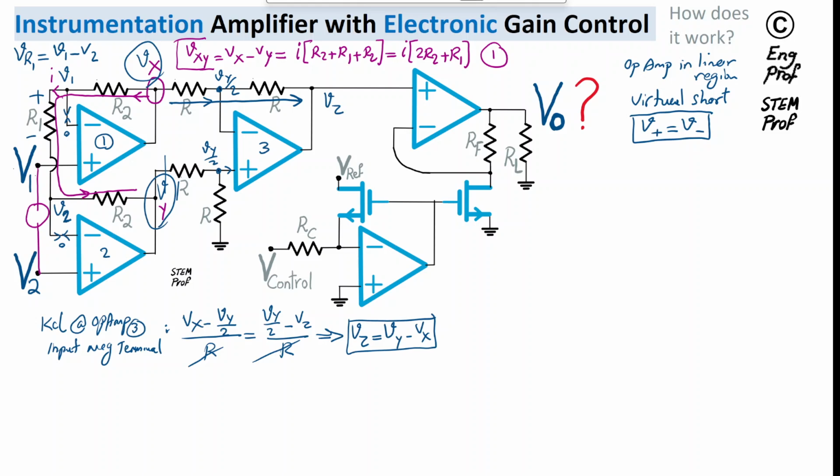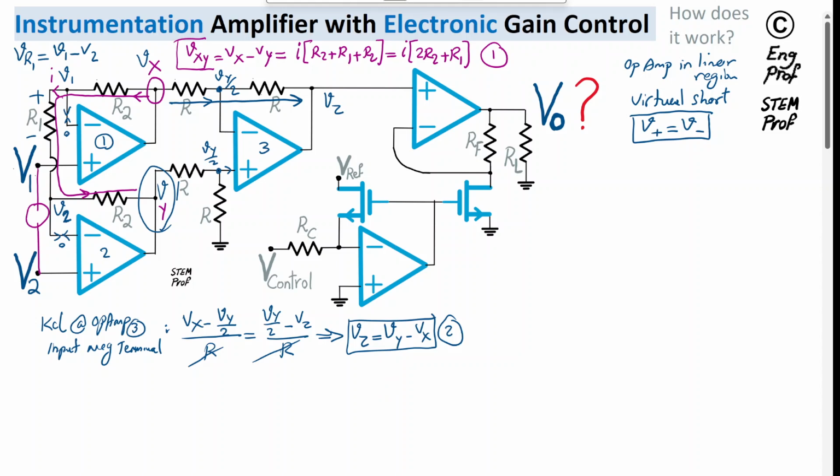as expected. So as long as these resistors are properly matched, this second stage, op-amp number 3, with the combination of these resistors, effectively operates as a differential amplifier and just computes the delta between Vy and Vx. Let's refer to this as equation number 2. I'm going to substitute for Vy minus Vx using equation number 1 as well.